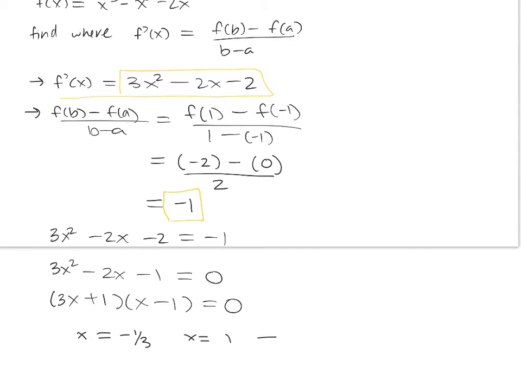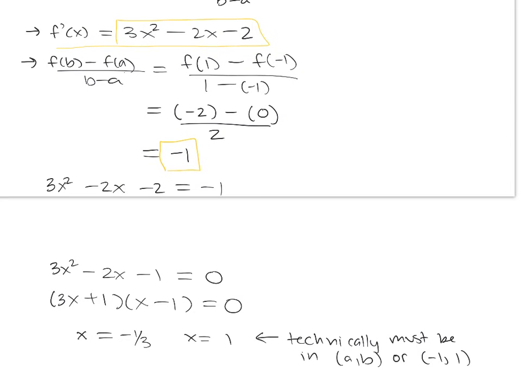Now technically, these must be in the interval (a, b), the open interval with the same left and right endpoints. So in our case, that's the interval from -1 to 1. So one of them is not included.